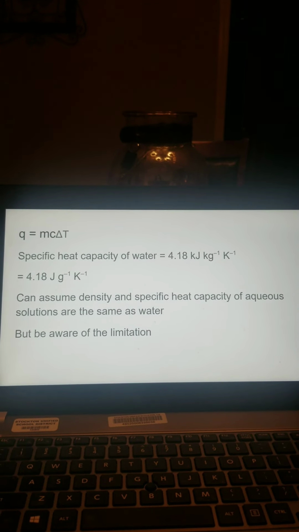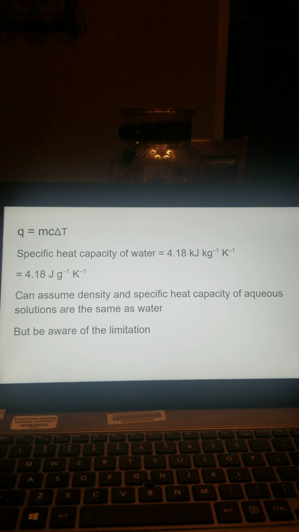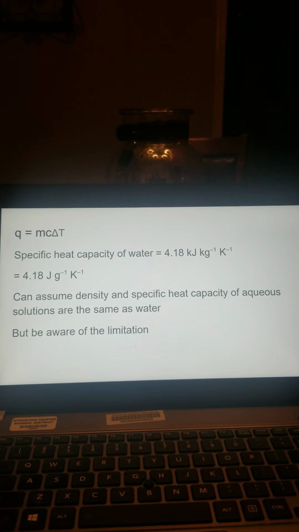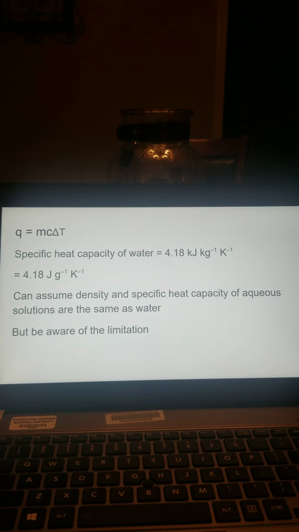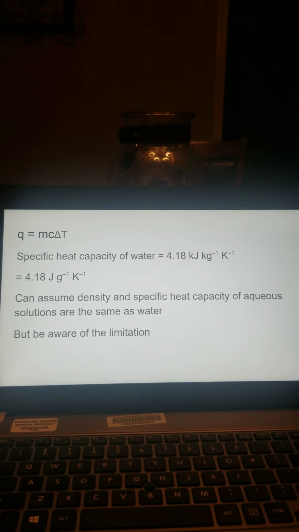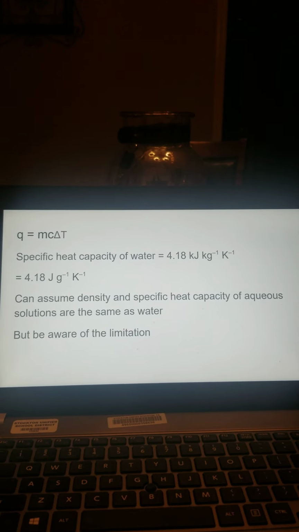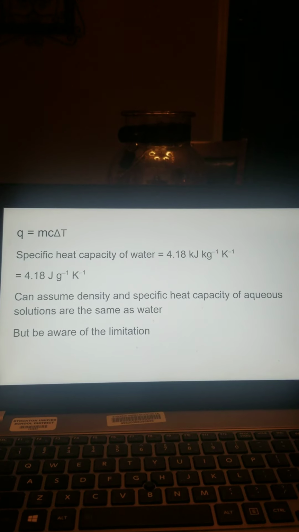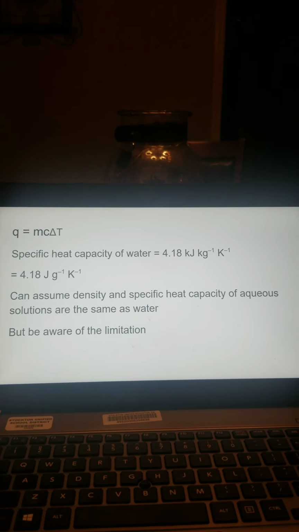So the specific heat capacity of water is given to you in the data booklet as 4.18 kilojoules per kilogram per Kelvin, or 4.18 joules per gram per Kelvin. Either way, those are the two values given to you. And you're going to use that value for the specific heat of water.